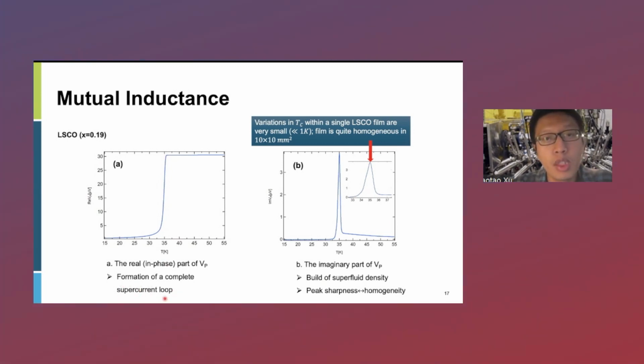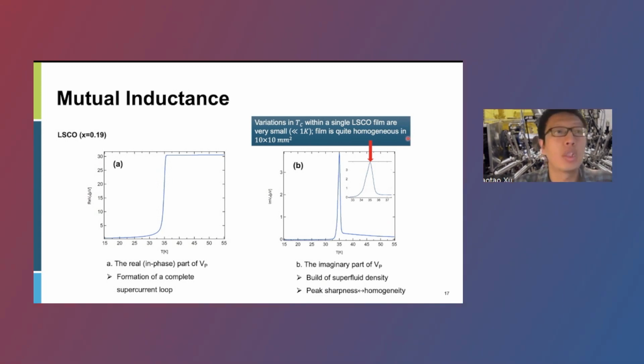On the imaginary part, we see a peak build up, which corresponds to the build-up of superfluid density, and the peak sharpness is a good measure of the overall sample homogeneity. For our sample, the variation of Tc within this LSCO film is very small, which means the film is quite homogeneous over the whole sample area.